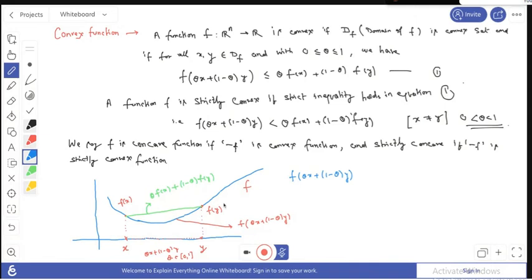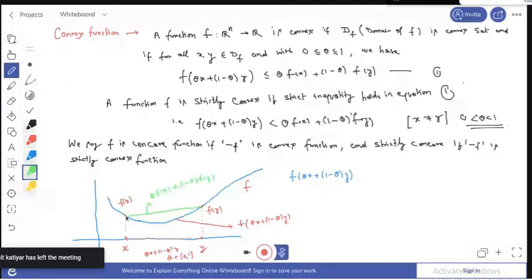Okay, and here on the right hand side, you see that at this point fx and this point coincide, and fy and this point coincide. Otherwise, this green line is always greater than this blue line.